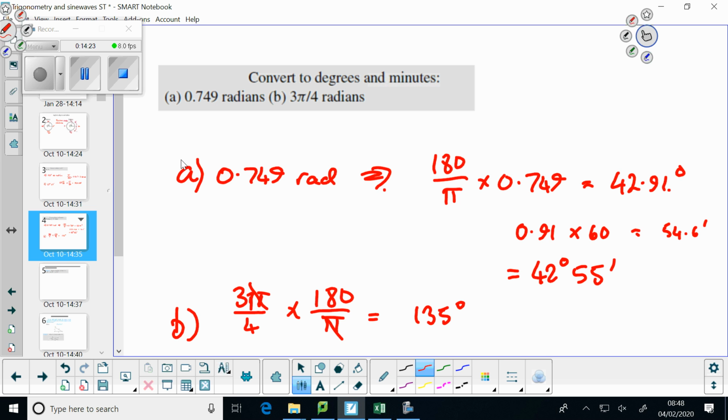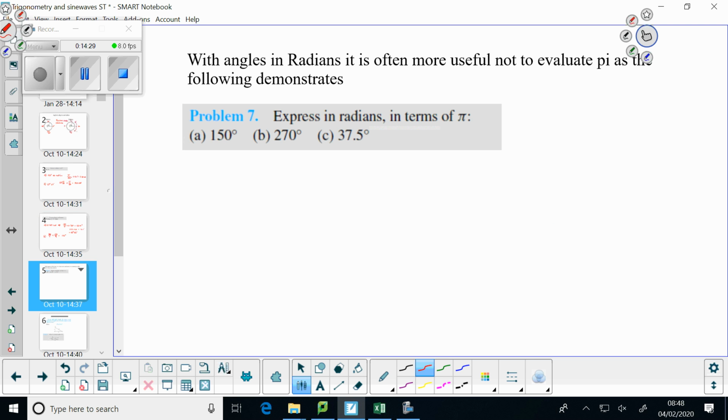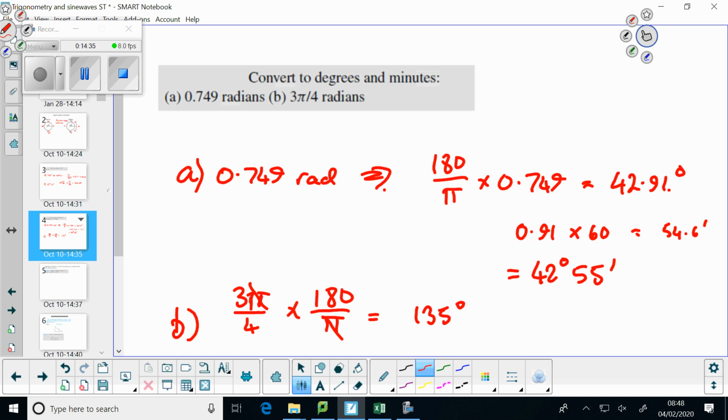And that, if you have a go, or if we have a look at these ones, no, because that works out exact, doesn't it? You do it on your calculator if you like, but 1/4 of 180 is 45, and 3 times 45 is 135. So it's no minutes. Right?